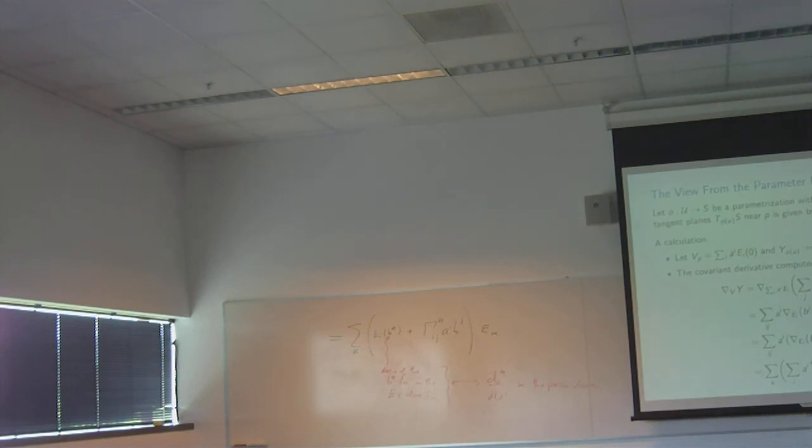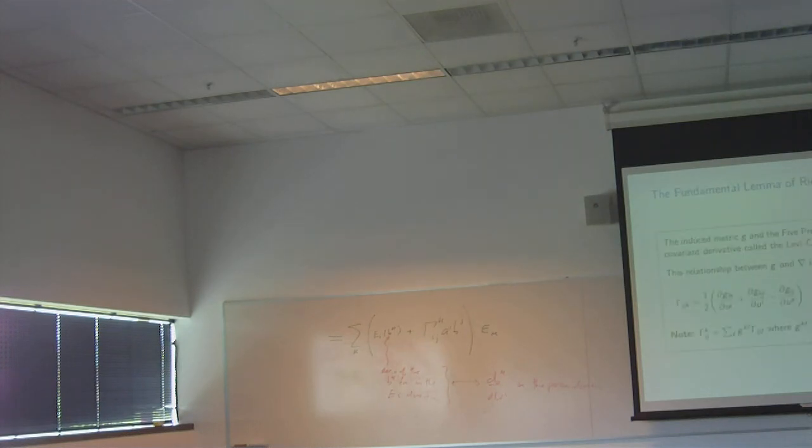And big E2 in the parameter domain is little E2 or 0, 1. So in other words, directional derivative in E1 is partial derivative d by du1, and directional derivative in E2 is partial derivative d by du2. So that's why I can replace this quantity with that quantity if I decide to work in the parameter domain. Okay, so the Christoffel symbols arise in this way. They come from working this stuff through using a basis provided by parameterization. Okay, so far so good?